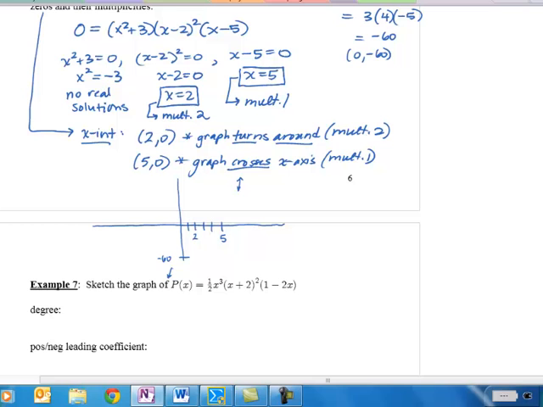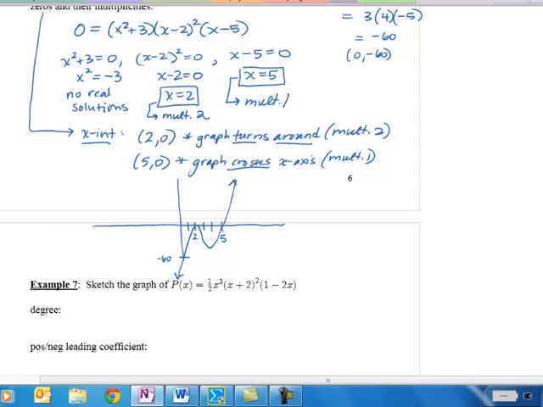So the graph is going to have to come through negative 60. It'll have to get to this x-intercept at 2, but there it's going to turn around, and then somehow it's got to get back up to the x-intercept of 5 and cross the graph there, and then it will continue up.